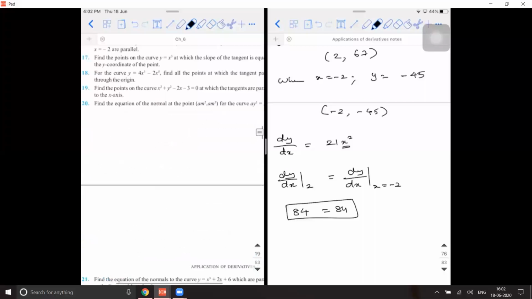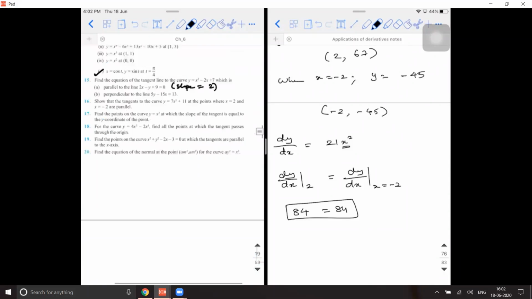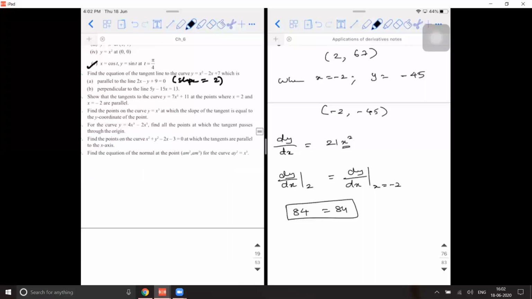Here you need not find y. Had the question been dependent on y, yes, you would use that formula.